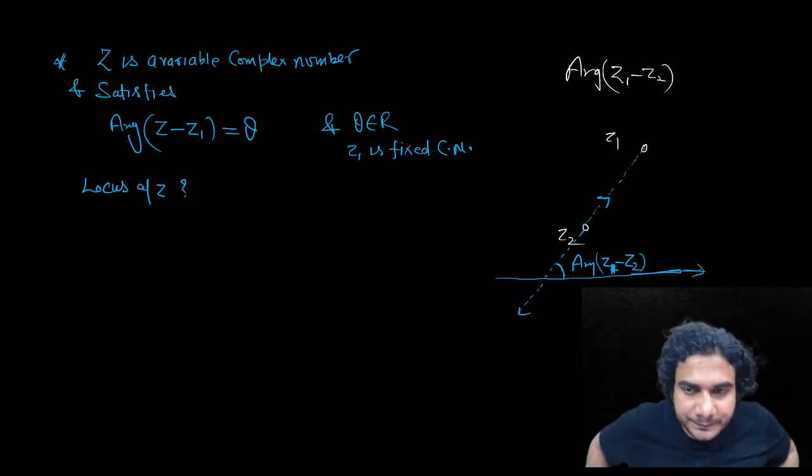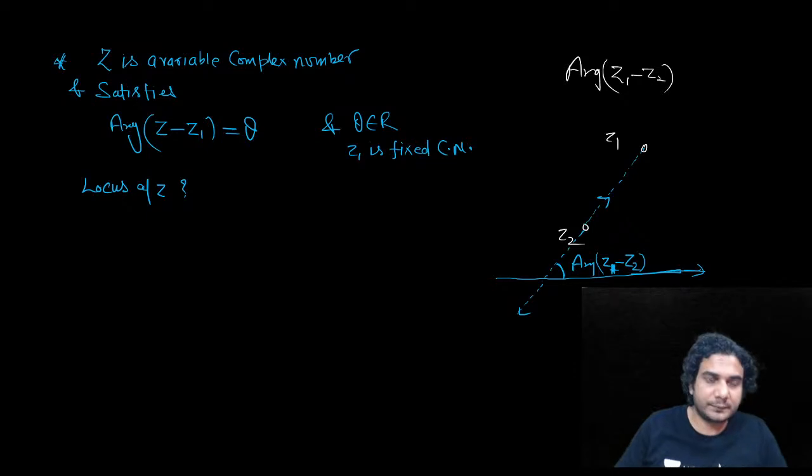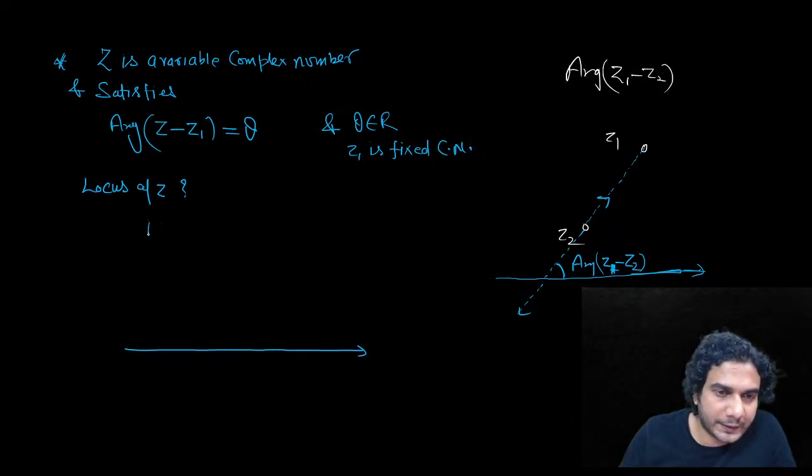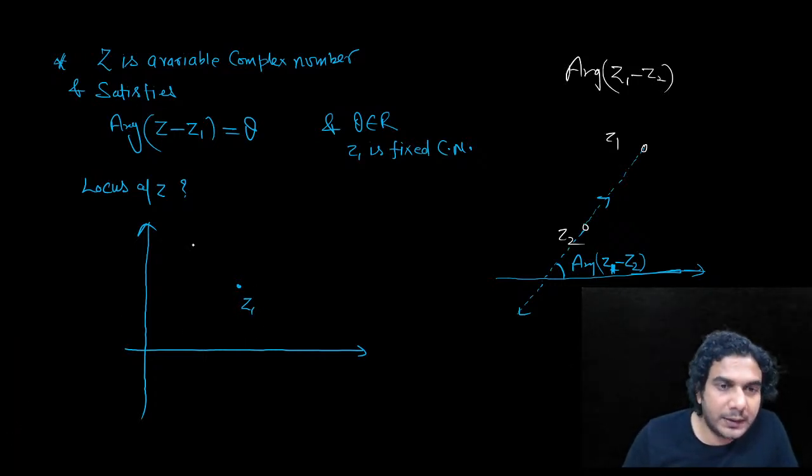So see how to do it. First of all, make the Argand plane, real axis and imaginary axis, and take any point anywhere, first, second, third, fourth quadrant, your z1. I have chosen z1 here, it doesn't matter. Argument of z minus z1 is fixed.